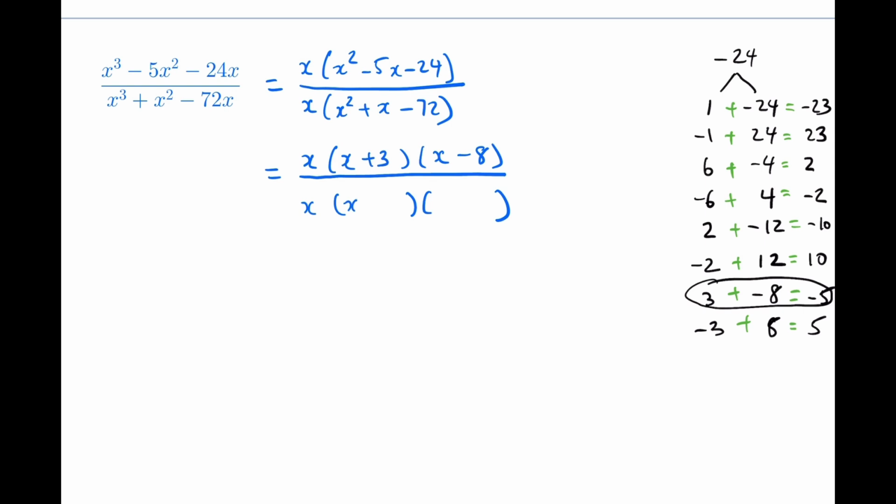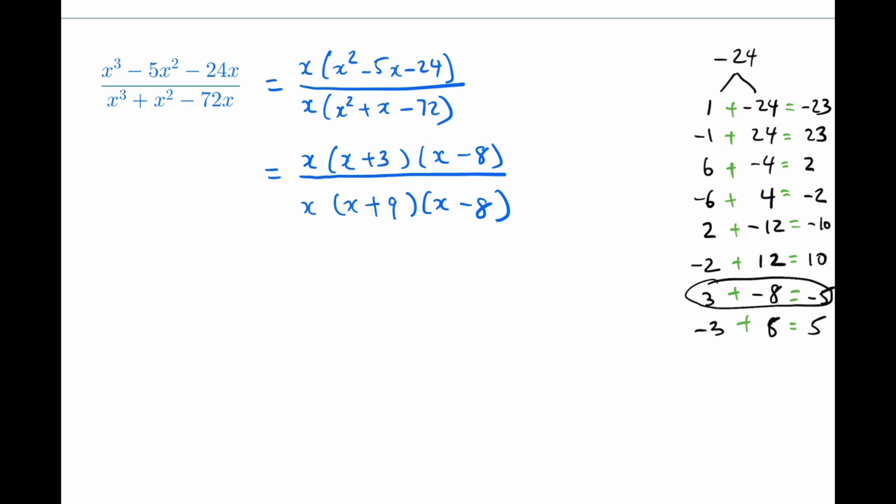Okay, so we start off with x's in each one of the parentheses, and we said that the factors are positive 9 and negative 8. So 9 times negative 8 gives us negative 72, and 9 plus negative 8 gives us a positive 1.